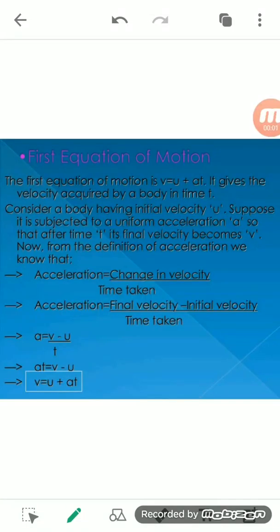Now we will talk about the equations of uniformly accelerated motion.